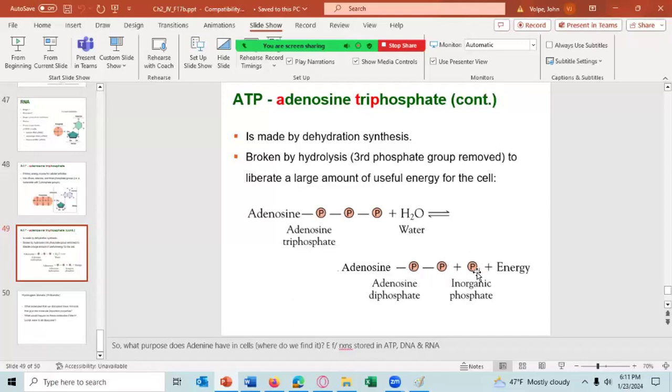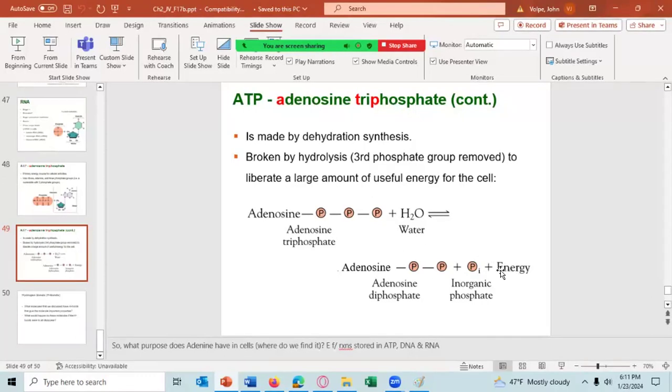You'll get a phosphate, which is an inorganic molecule, coming off right there. And when you break that bond, you'll release a lot of energy, and the cell will use that energy for its energy needs. That's going this way, undergoing ATP hydrolysis to release energy.